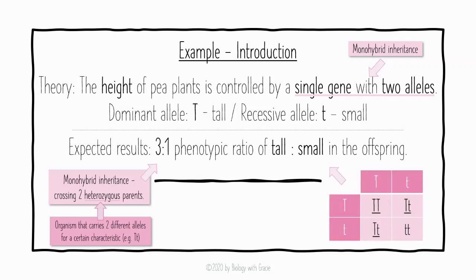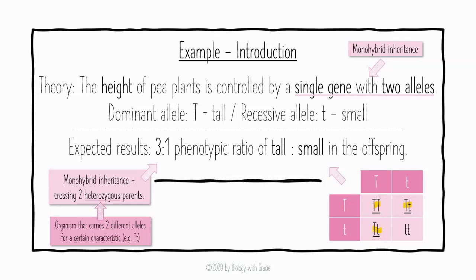So if we were to draw out our genetic cross, this is what it would look like. So we have our parents, big T, little t in the darker pink, crossing together to make our four offspring. And as you can see, these three here have big T's in them. And because big T is dominant, this means that this characteristic of being tall is going to be expressed.